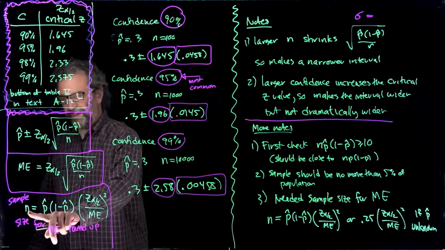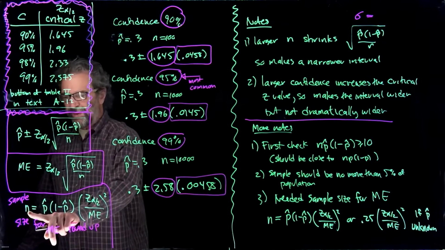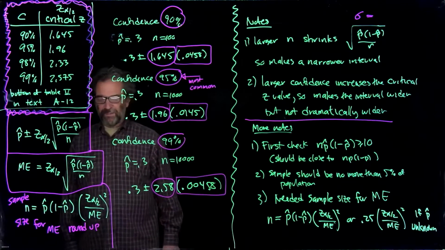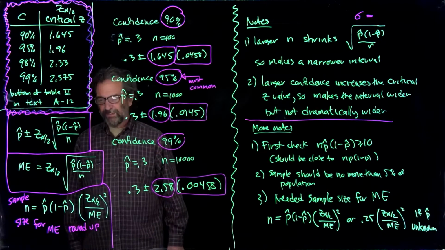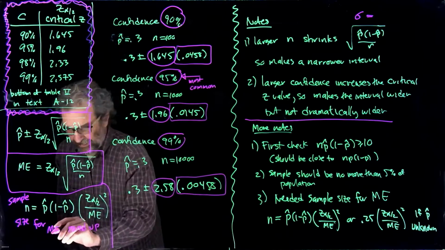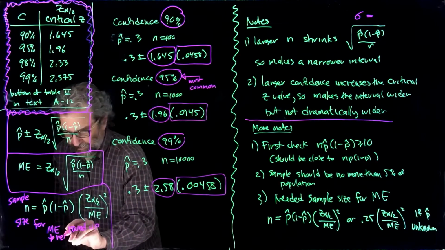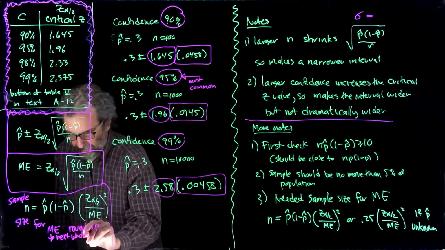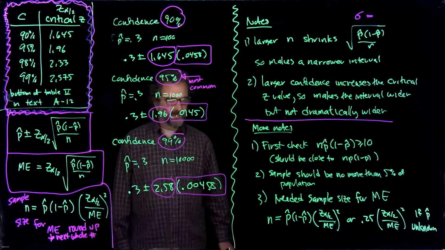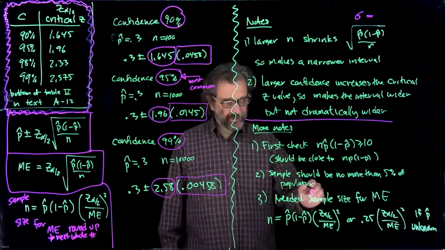So you can't use 31, you have to use 32. So the rounding goes: anything whole number plus a bit, you go to the next whole number. So I'd say round up to the next whole number. If there's any fractional part left, round up to the next whole number. So that's this formula here.